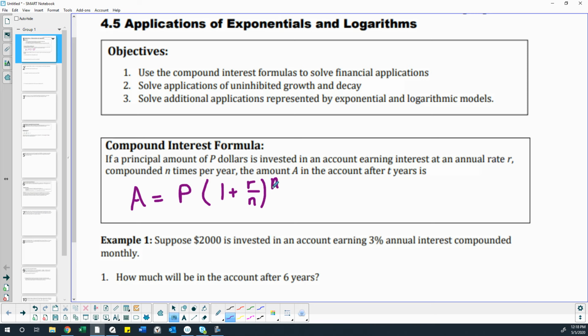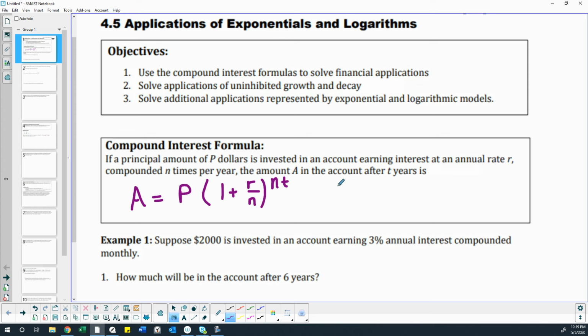N is the same thing here, the number of times it's compounded in a year. And t is the time in years. So this is n times t. So amount equals principal times 1 plus rate over number of compoundings, all to the number of compoundings times the number of years as our power. Okay, so all of those meanings are right there.